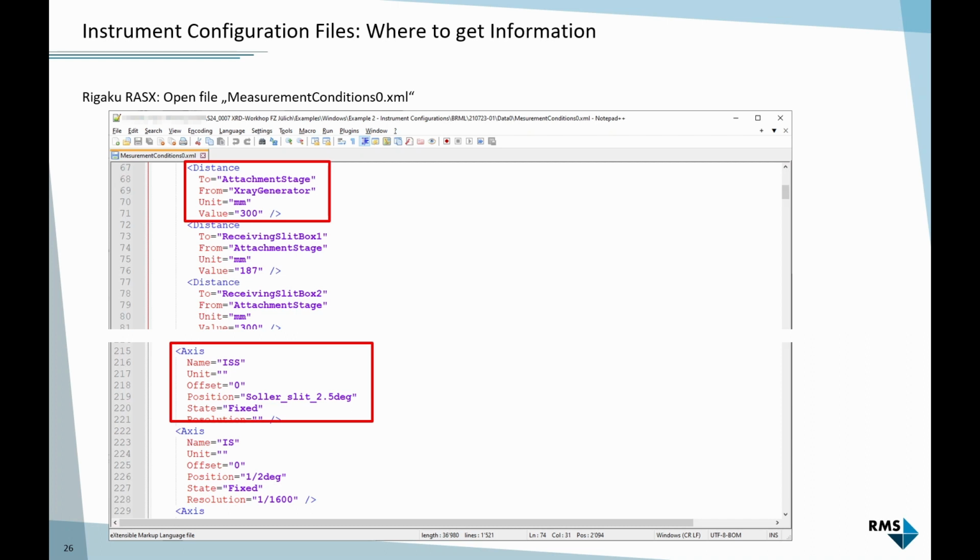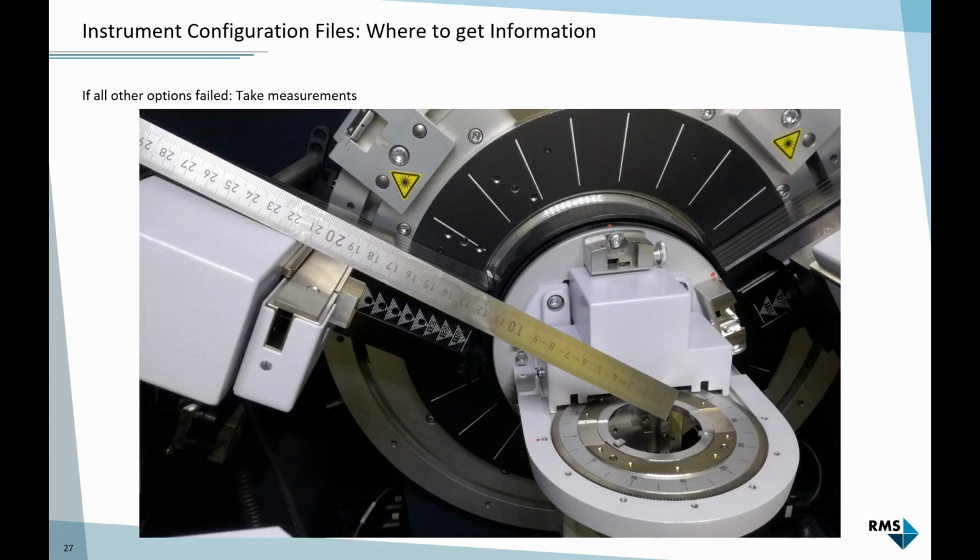So this is the third approach. If we don't have access to the computer or to the original software, we may still find it in the file and hack it and extract it from there. And if this doesn't work, because, for example, you only get a text file with the scan and no hardware information whatsoever, the last option is, of course, we need physical access to the instrument again. The last option is to take a ruler and go measure these distances and openings, and still better than nothing.